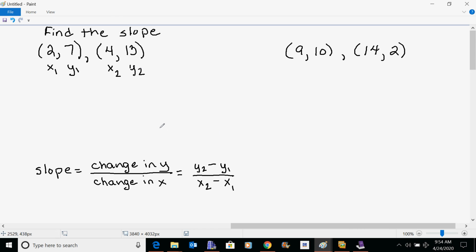I would highly suggest always labeling your points, labeling your values, so when you use this formula, y2 minus y1 over x2 minus x1, you are very careful about where the numbers go in.